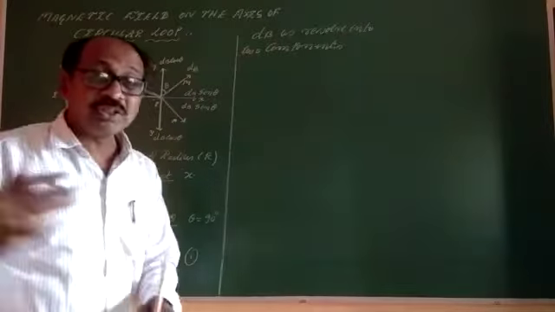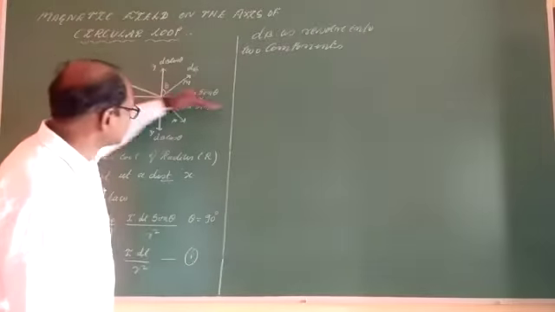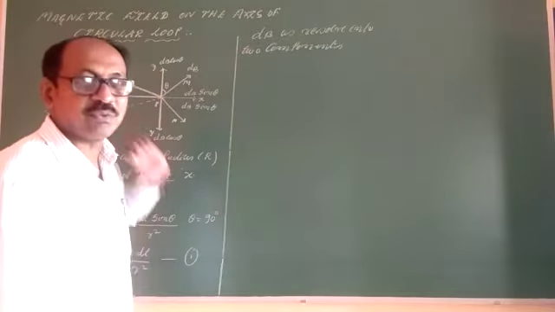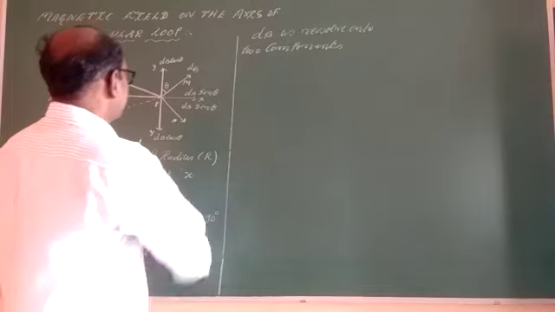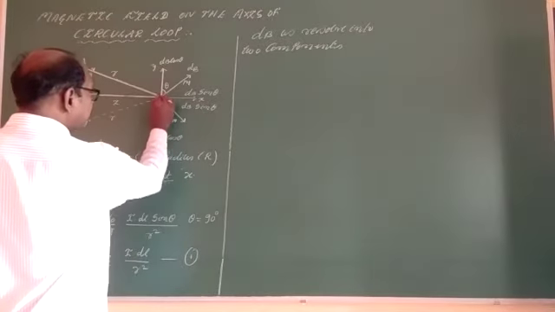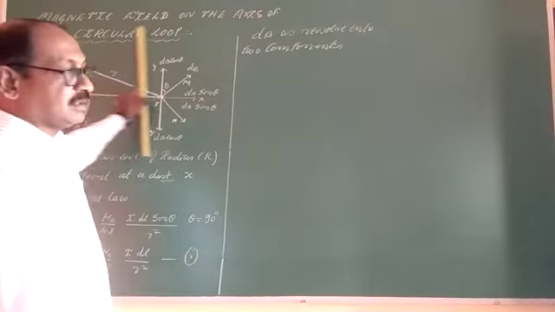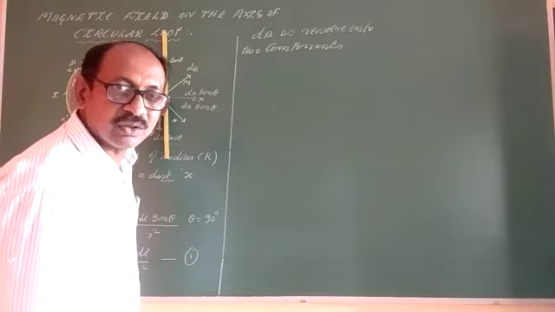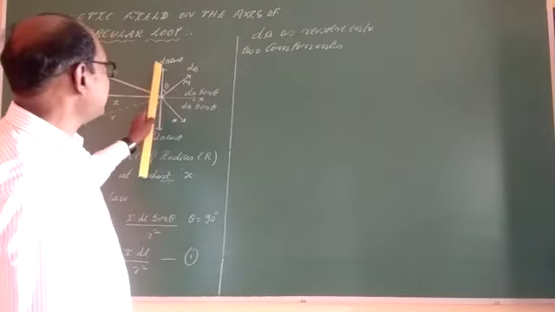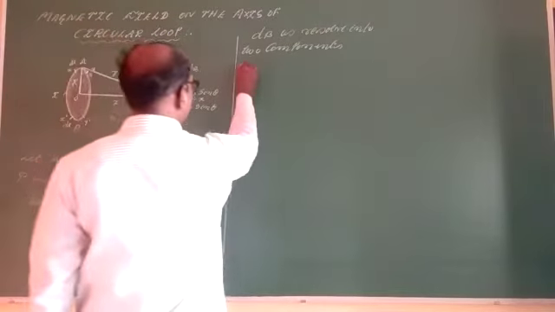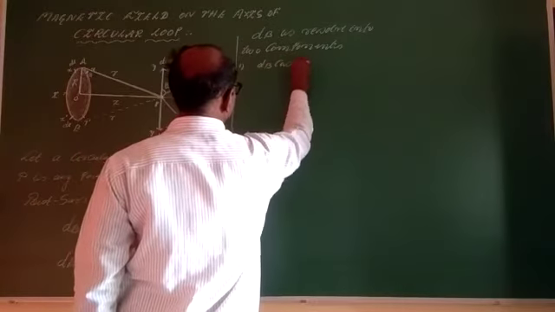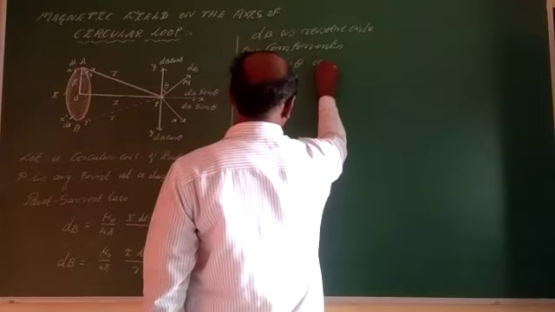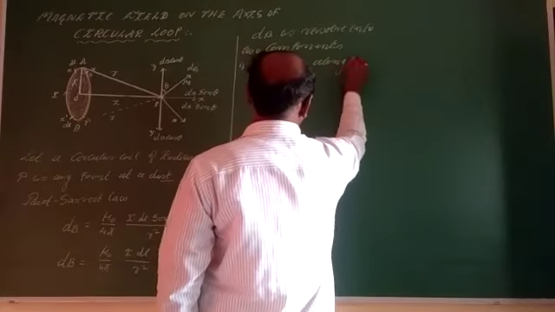So what are the components here? One along the x-axis, another along the y-axis. Now the y-axis is perpendicular to the magnetic field. The first component is dB cos theta along the y-axis.